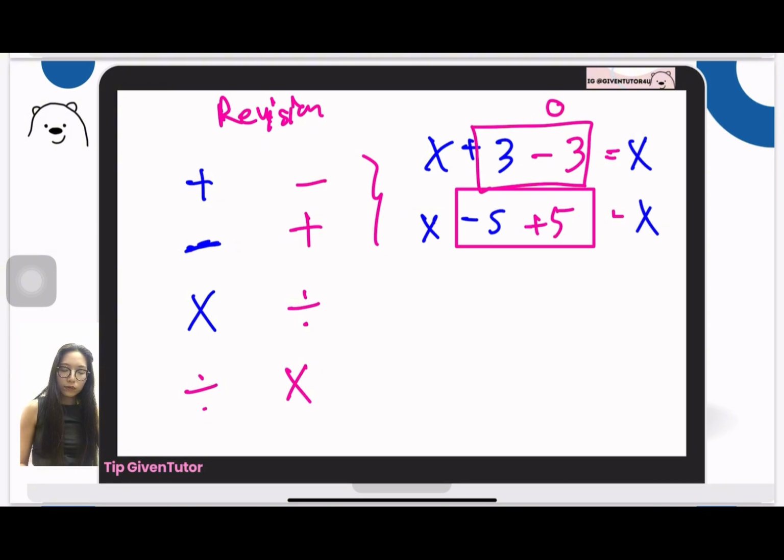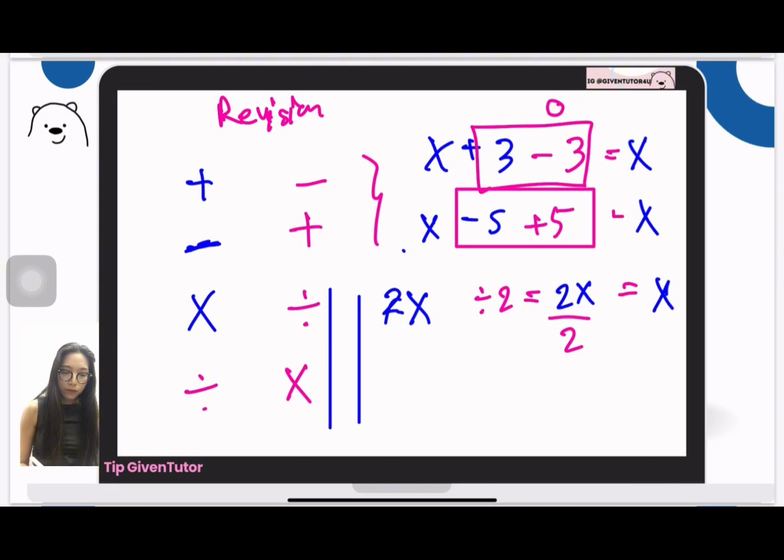So what is the difference from here, right? When we got here, this is the 2x, right? So this will be divided by 2. Sometimes we write down the 2x divided by 2 right here. Both are equal, right? So after that they equal x. But there's one thing that you keep in mind. This is a time or divide. This will be like the a over a right here.